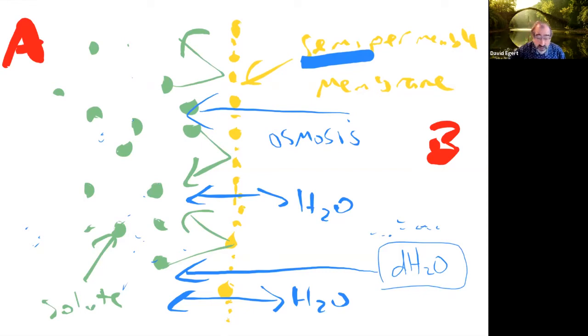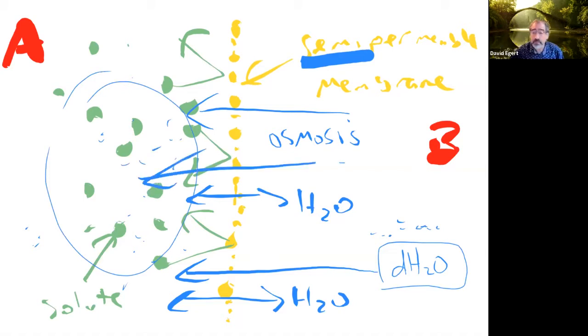But you can think about whichever side has a higher osmolarity as basically pulling the water. The water is going to be drawn towards the side of higher osmolarity. So whenever you're trying to figure out which way the water moves in osmosis, it goes to the side that's saltier, the side that has higher osmolarity. So does that make sense?